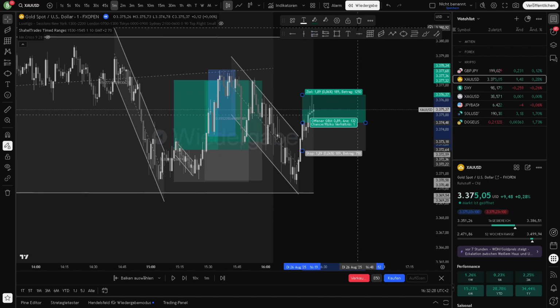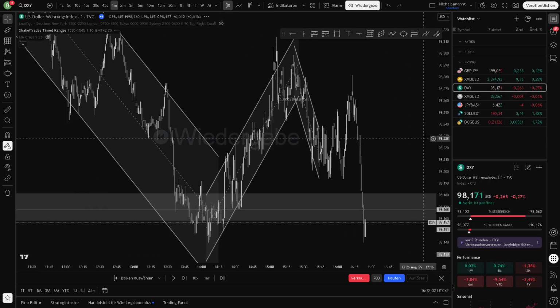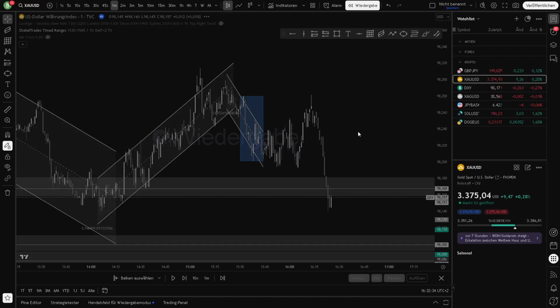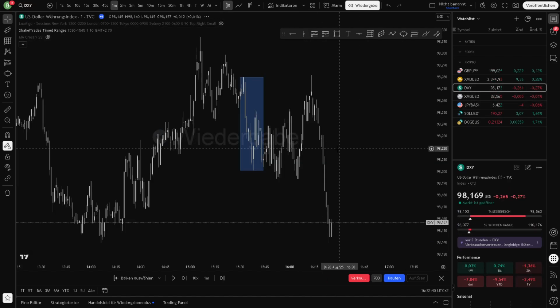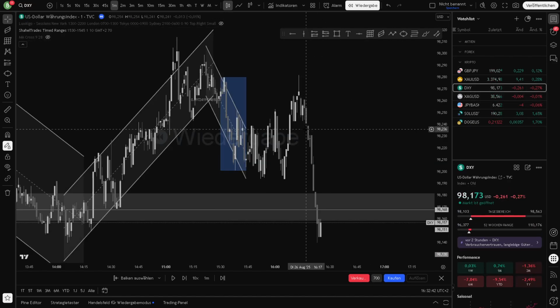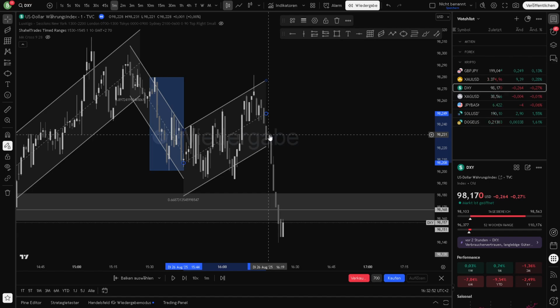But it would have been too close to the 50%, so I don't like these trades. But let's see if correlation played 19. Yeah, it looks pretty good. But now I broke it here again, so okay, now I broke it, and that's kind of a confirmation.